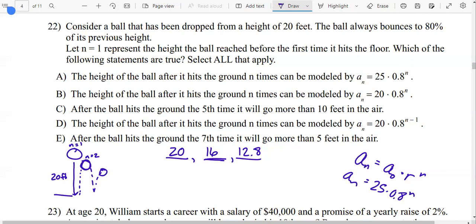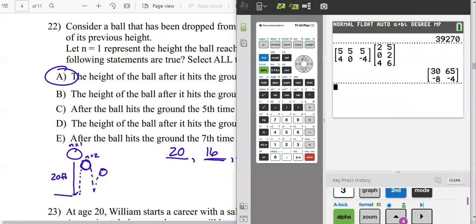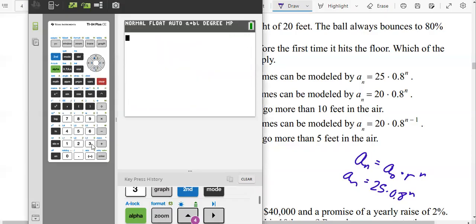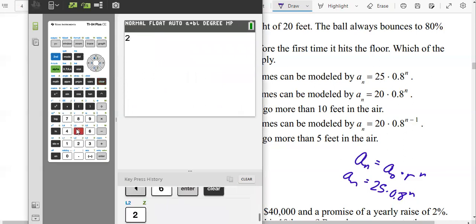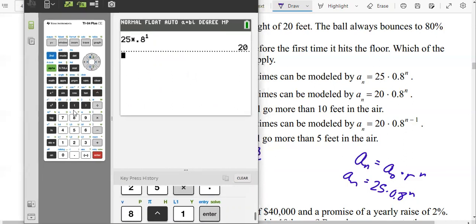So it looks to me like the first one works, but don't take my word for it. Here's what I want you to do. Do as I say, not as I do. Okay, so if I want to know what the first term is, then I would plug in a 1 for n, and it tells me it's 20. Well, that's good news because the first term is 20. So I know that that works.